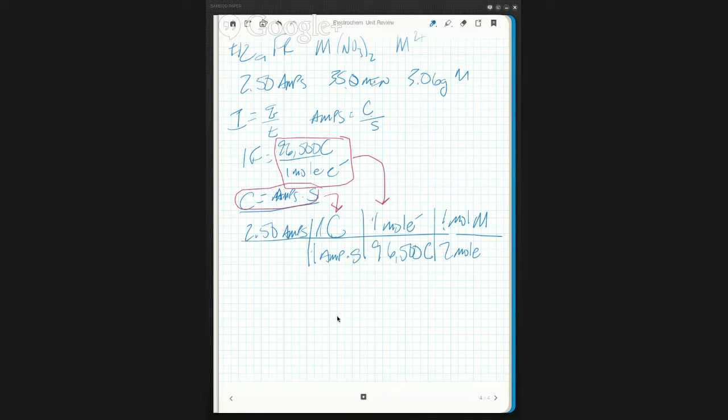And to continue, because we get the coulombs, moles of electrons, we also want to multiply times seconds. For every 60 seconds, we have 1 minute, and we have 35 minutes.